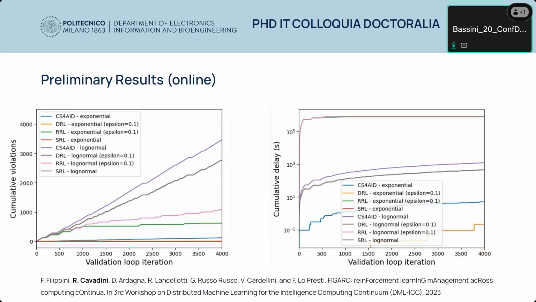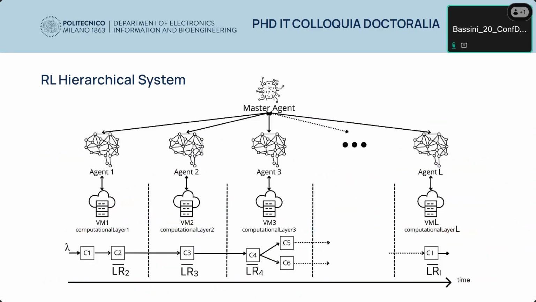Its response times are much lower, and it learns how to respond to fluctuations super efficiently. For what concerns how we implemented it, we have a hierarchical reinforcement learning system with an agent deployed on each computational layer, so that the complexity of the system that it needs to interact with does not explode.